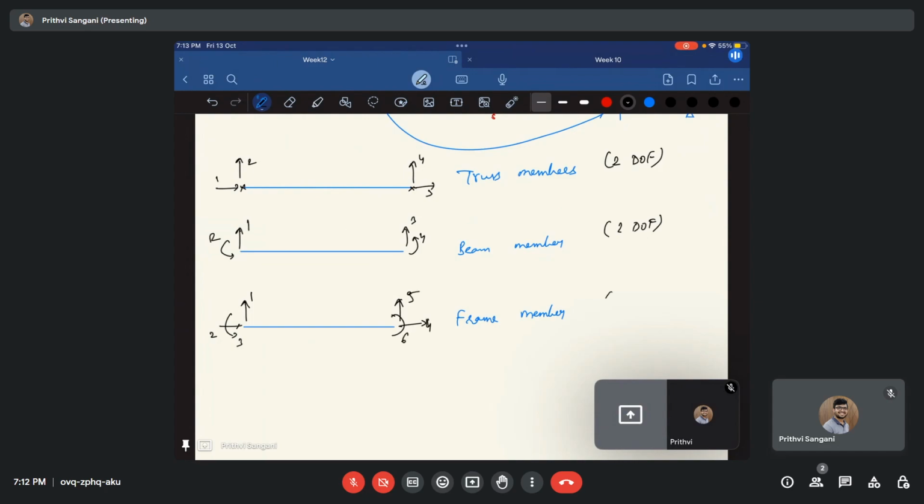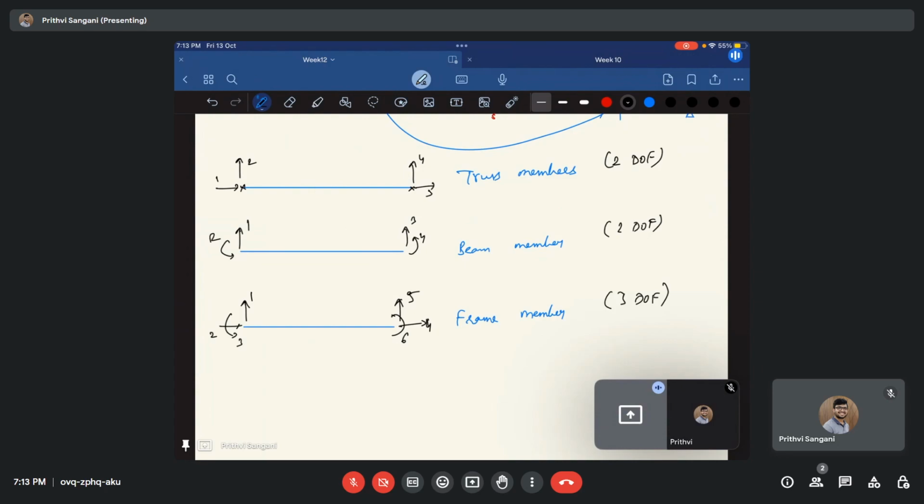Okay, so I have 3 degrees of freedom per joint. I want to use the same notations which we used previously. So this is what my notations are: right side positive, upwards positive, and anti-clockwise rotation or movement I take as positive. We need to stick to this so that we will not get confused while we are deriving all these things.